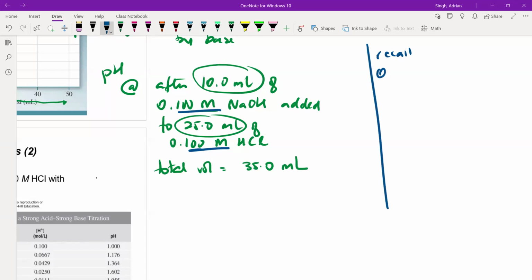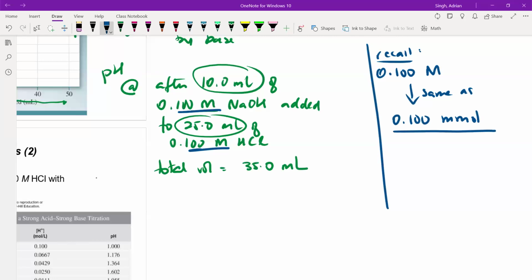So recall, or you can actually derive this: 0.100 molar is the same as 0.100 millimoles of NaOH, or whatever the substance is, for every milliliter.